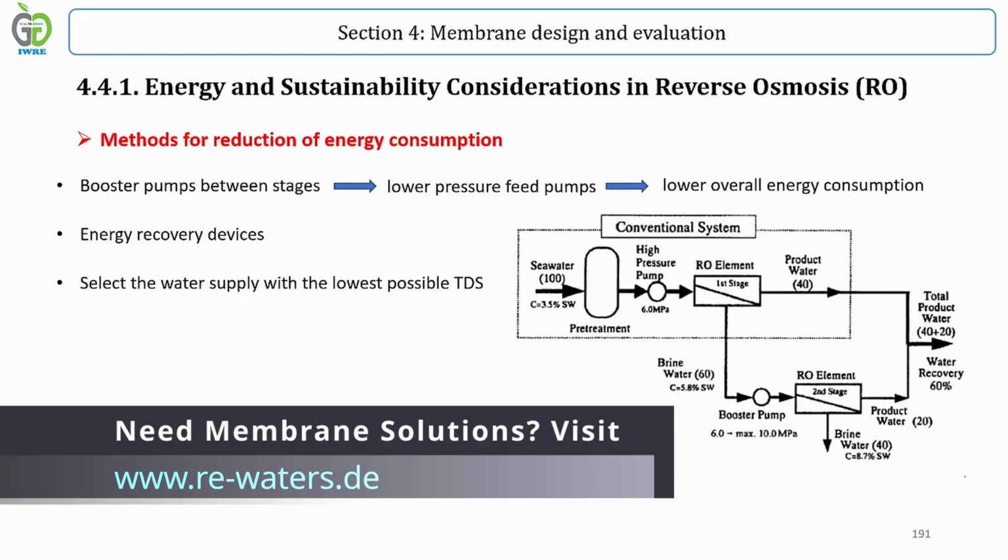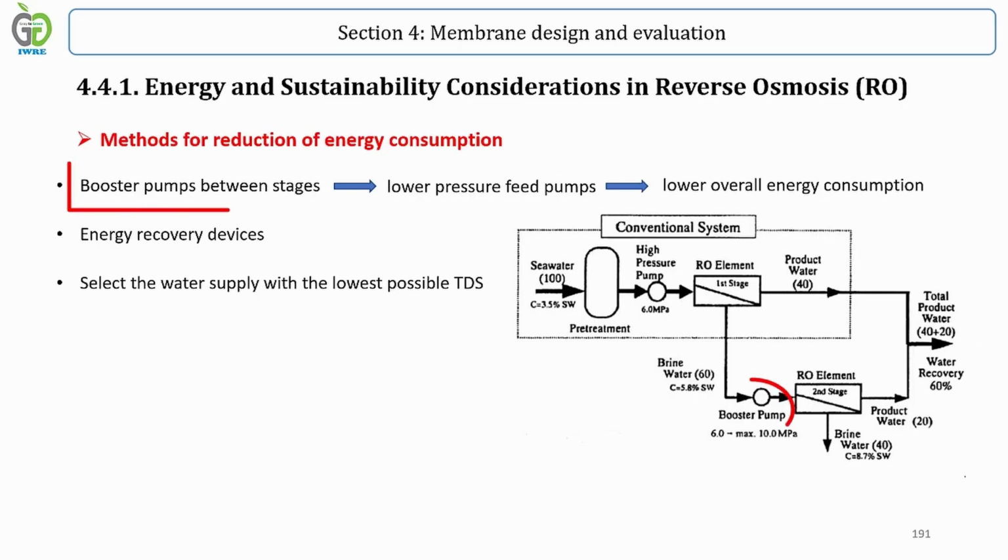Nevertheless, reverse osmosis systems can be designed to reduce energy consumption. Two or more stages with booster pumps between stages allow for lower pressure feed pumps, so water in the first stage is produced at lower pressure and the pressure is increased in each subsequent stage as the osmotic pressure increases.